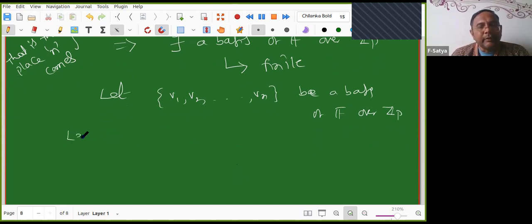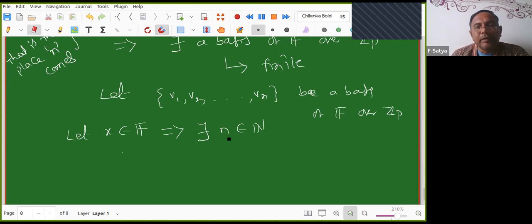I take x belonging to the field F. Now this is the basis, so what happens? x is in the linear span, right? So there exists n belonging to the natural numbers such that the linear span of this basis is a finite linear combination.